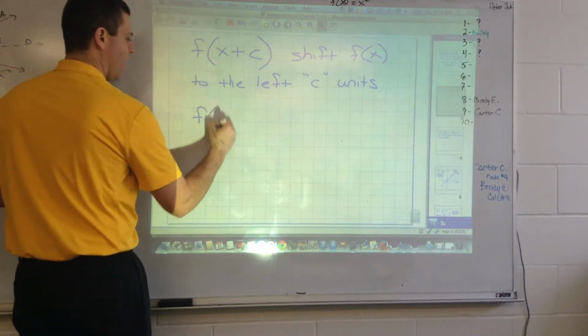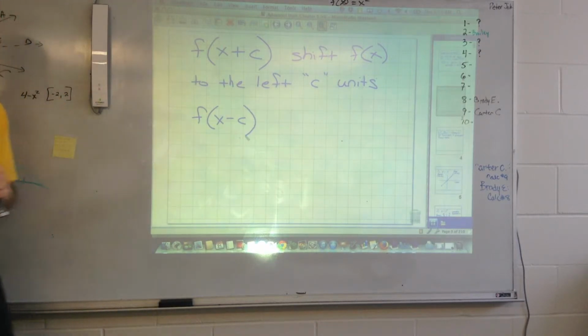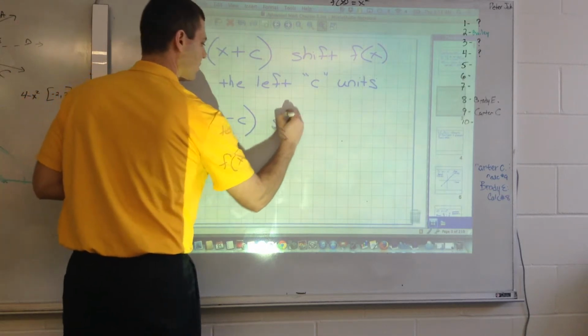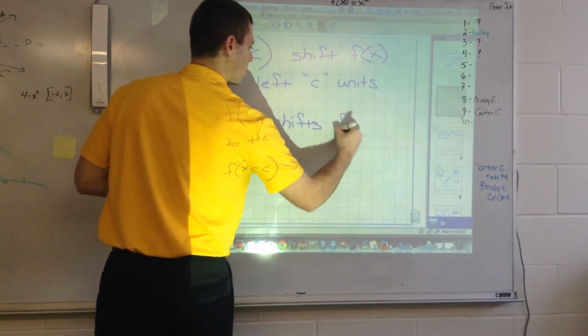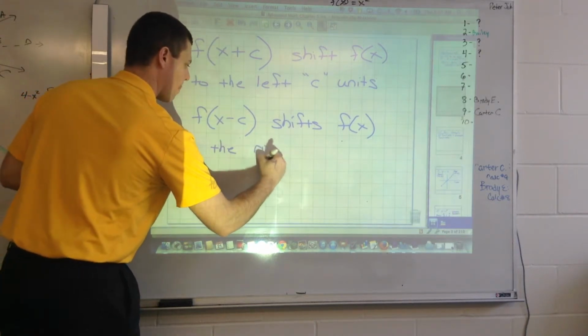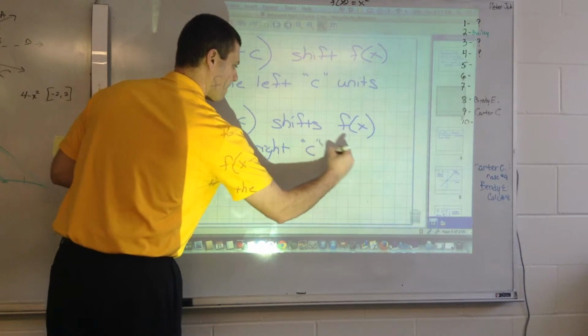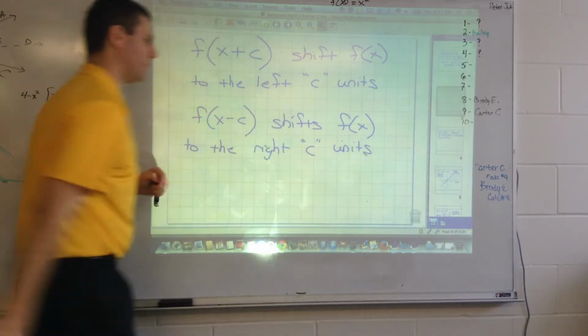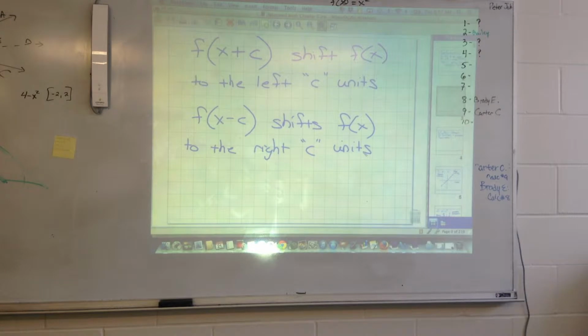Where f of x minus c would shift it to the right c units. So far, so good on that?